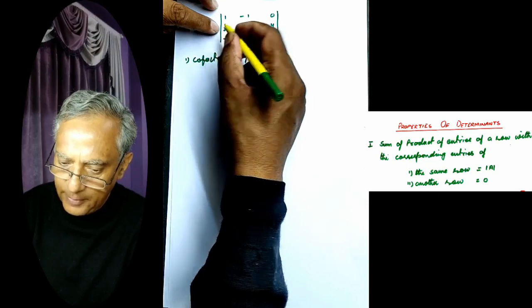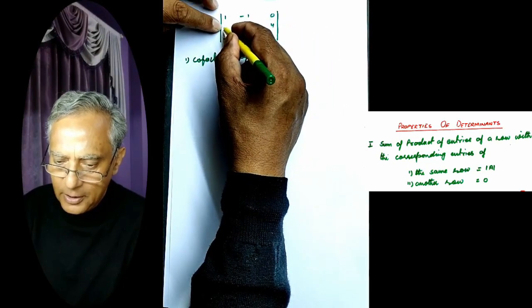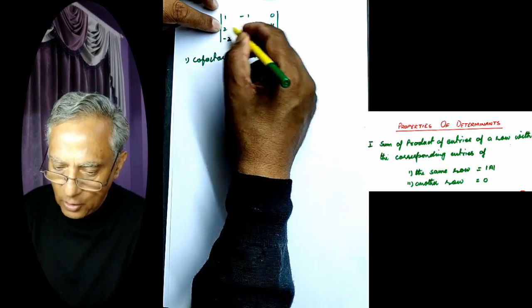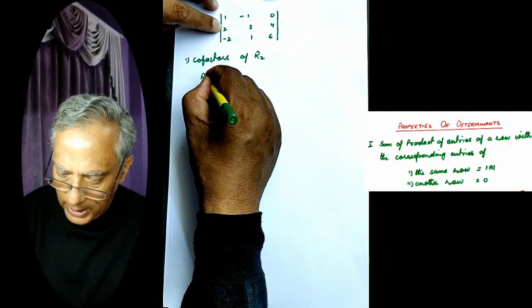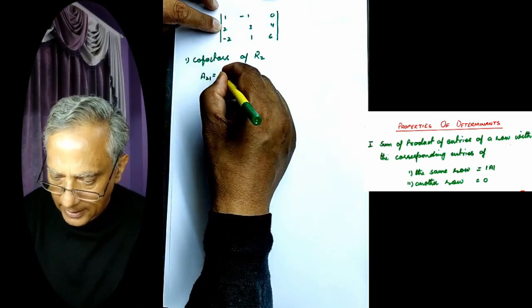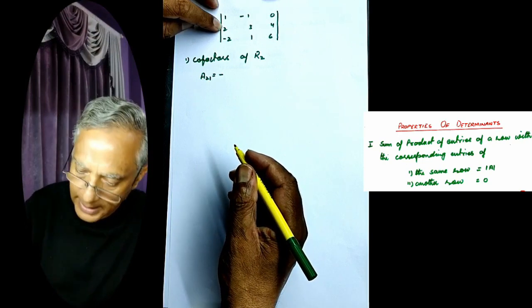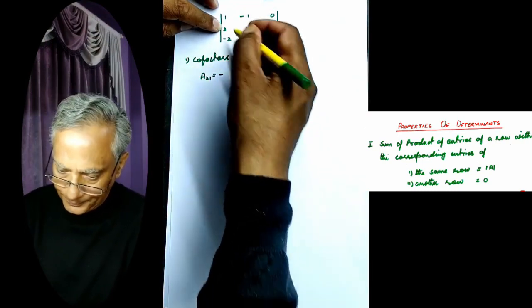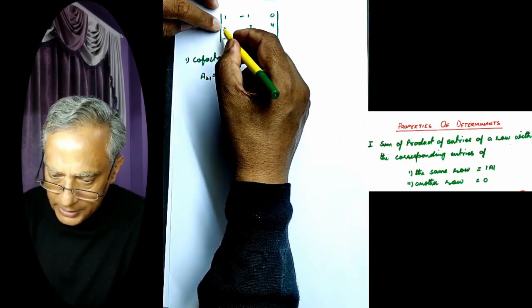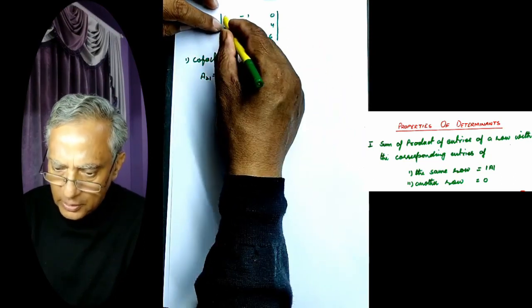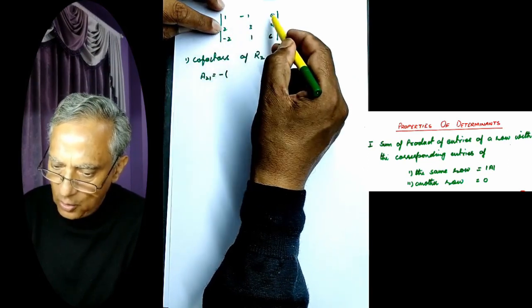The first cofactor is A21, the second row, first column. Since this is an odd place, there will be a negative sign. This row and this column are gone, so we are left with -1, 0, 1, 6.